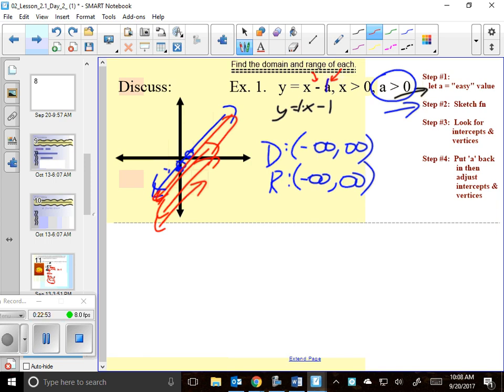We've done it right so far except for one little thing, and it's not about the fact that we picked 1. We could have picked a 2 or a 3 or a 4, and that minus would still be there. So if I pick a 5, it's still minus 5. That's okay to do, and that's what made us have to go lower and lower and lower, and we don't know how low it would go, but all my family of graphs would kind of look like this except for one thing. What haven't I talked about yet?